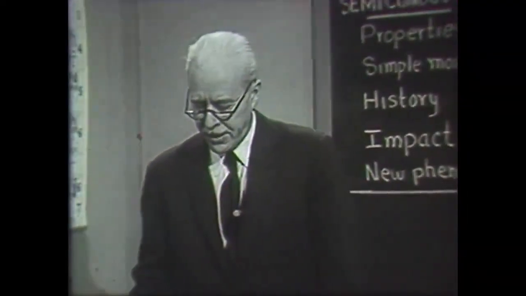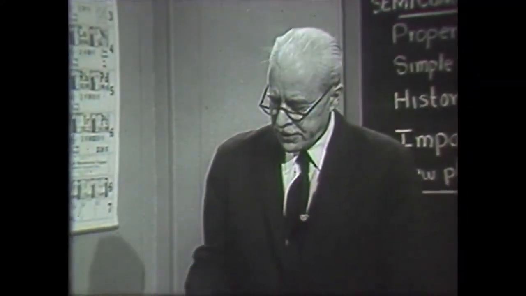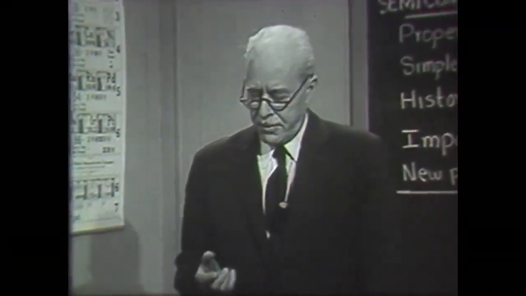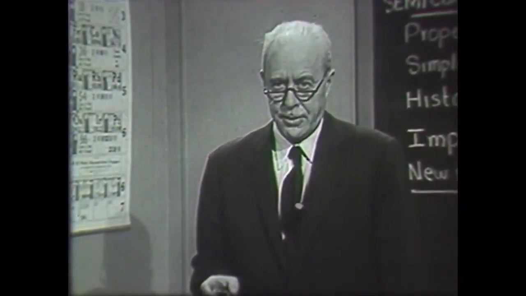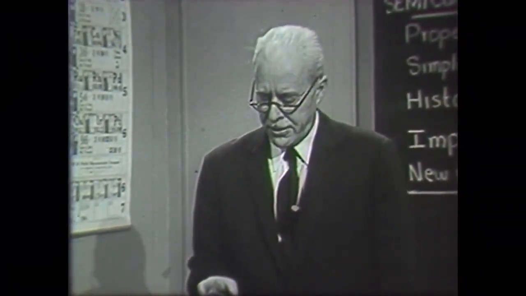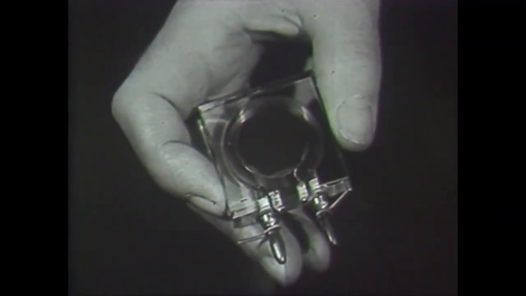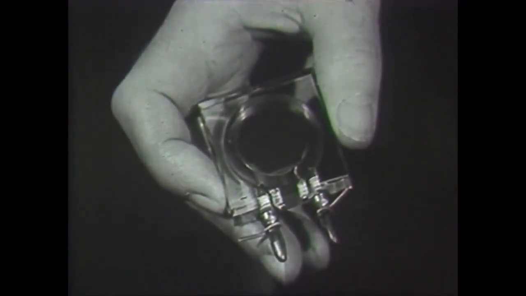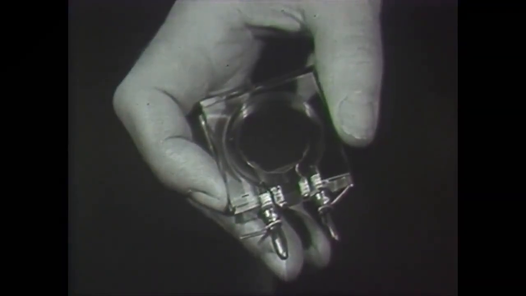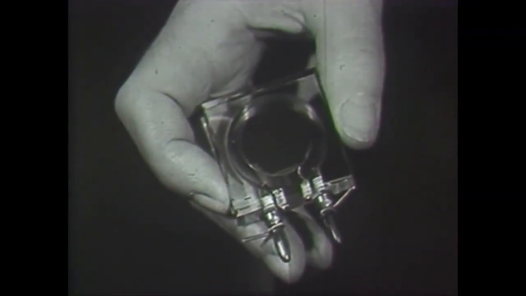Another property of semiconductors is that the contacts to them sometimes pass current in one direction better than another. I have here a piece of semiconductor in which two contacts have been made to. One contact has these properties. The other contact is omitted.